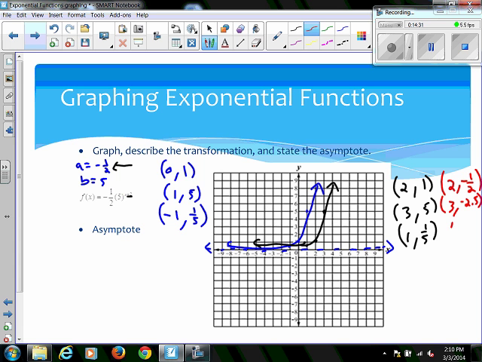Negative 0.1. Now I'm going to graph these 3 points. 2, negative 1/2. 3, negative 2.5.